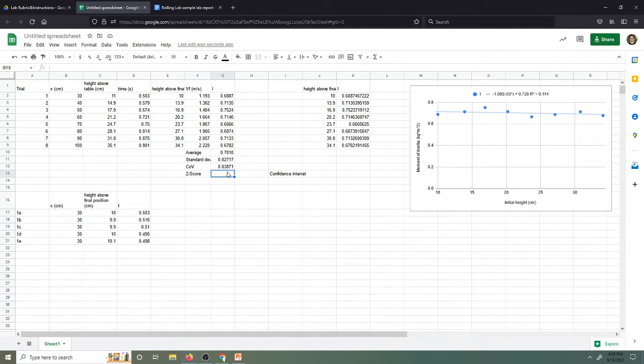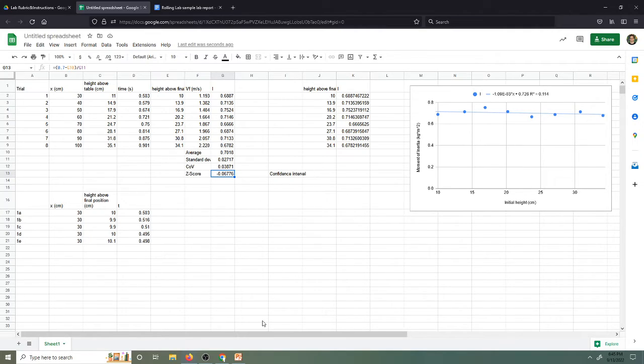We said our expected value was 0.7, minus my actual value. Oh, I need a parentheses. So 0.7 minus my actual value, divided by the standard deviation. And that's pretty small. The negative part doesn't really matter. It can be negative or positive. It basically means whether you went too high or too low. That doesn't really matter as long as we're close. The other thing to note about this value is that you want it to be less than 2. Obviously, we're really far less than 2, so that's fine. And again, we'll talk more about what this means in class.